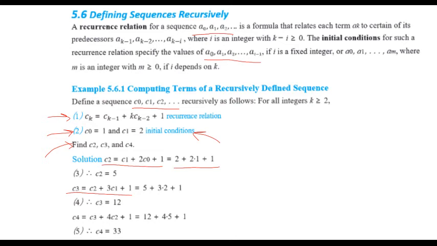And the last one, which is C sub 4, is obtained using C sub 2 and C sub 3, because C sub 4, based on the recursive relation, is equal to C sub 3 plus 4 C sub 2 plus 1, which is equal to 12 plus 4 times 5 plus 1, which adds up to 33.